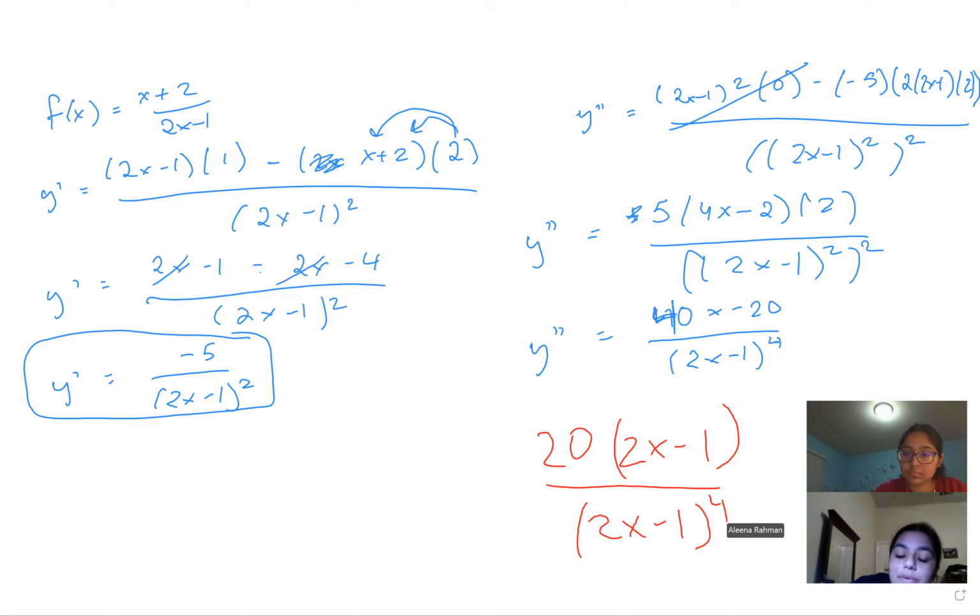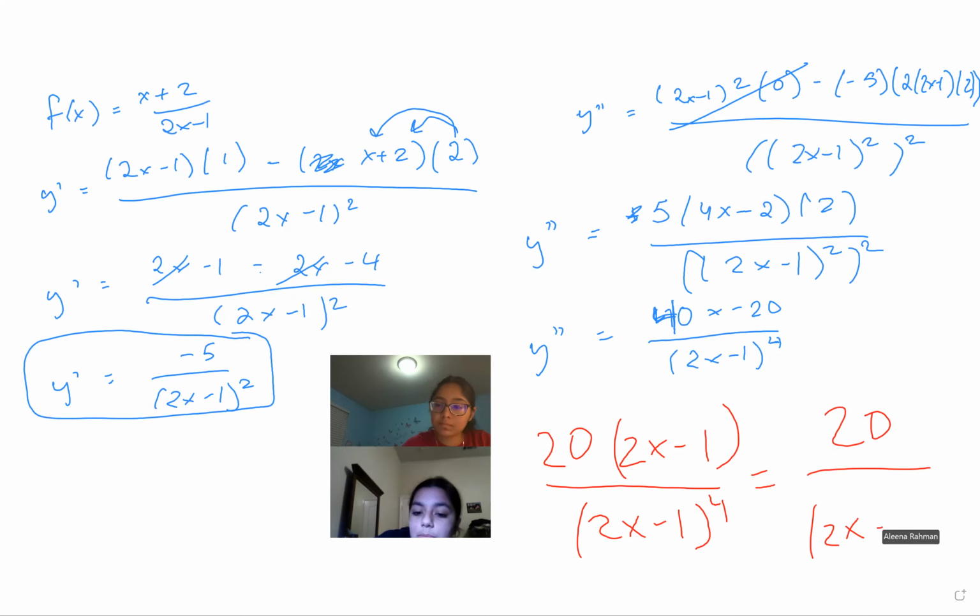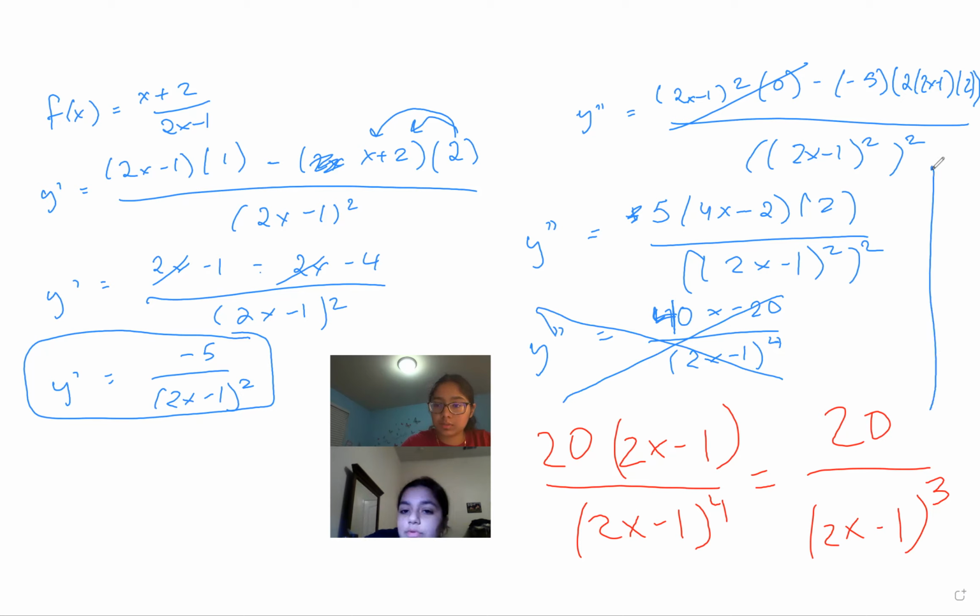Because then if you do it like this, you can simplify even further and get 20 over 2x minus 1 to the power of 3. So if you see a common term in the top and the bottom, something with x, then try and leave that the same to see if you can simplify.